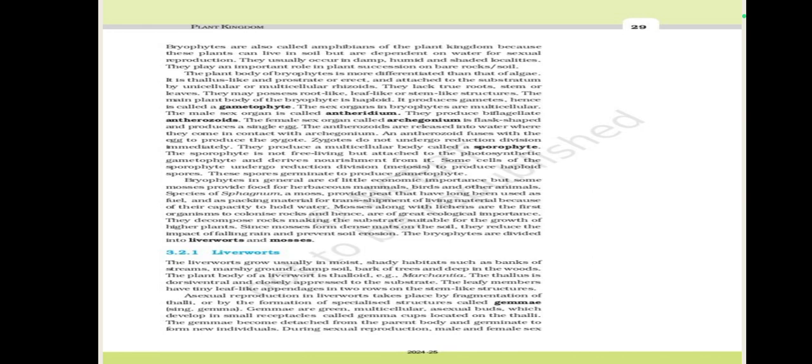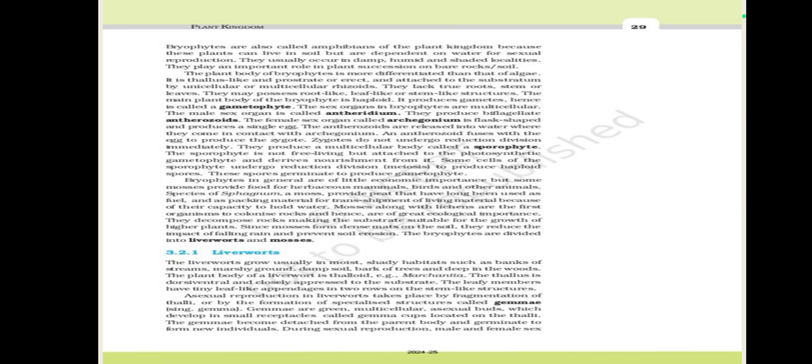Liverworts. The liverworts grow usually in moist, shady habitats such as banks of streams, marshy ground, damp soil, bark of trees, and deep in the woods. The plant body of a liverwort is thalloid, for example, Marchantia.